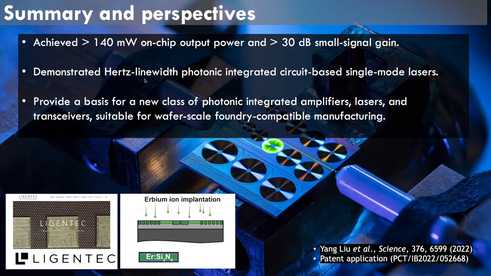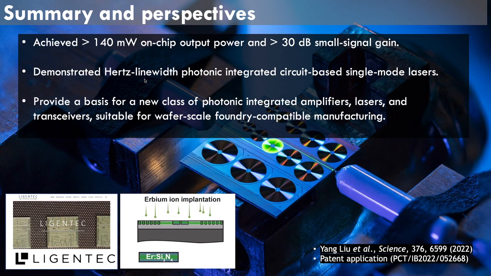In the end, I would like to summarize that using this erbium implantation in the passive silicon nitride integrated photonic circuit, we can achieve an on-chip waveguide amplifier with more than 140 milliwatt output and 30 dB on-chip net gain. We can also use this to implement more complicated devices, for example, a high-power soliton generator and also lasers.